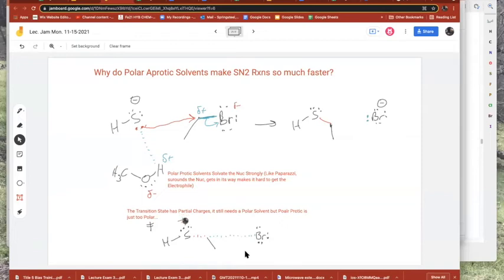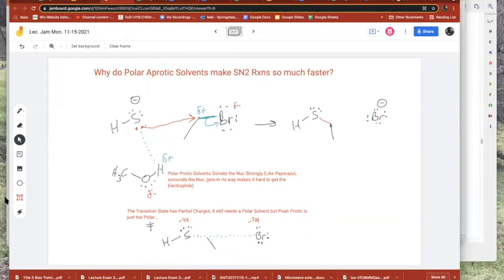What about the bromine? Bromine is going to be -3/4 because it's almost fully negative. So there's charge in the transition state. You want a polar solvent to help out with that charge because that'll lower the energy of the transition state and make it go faster.